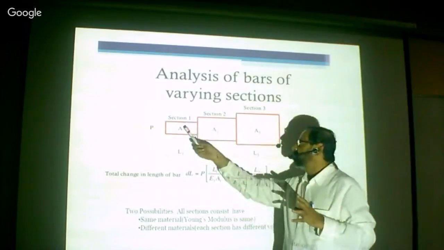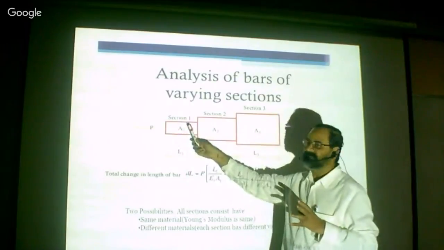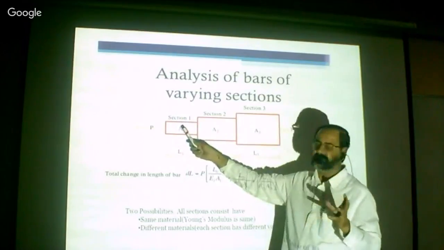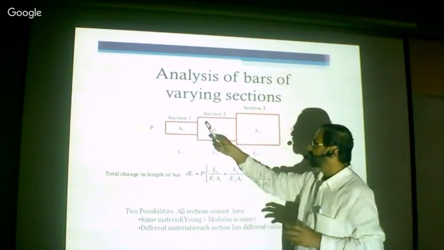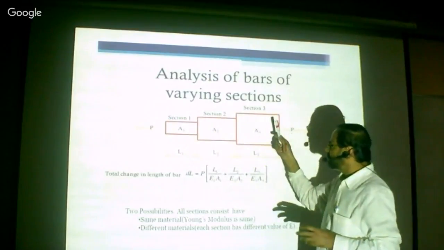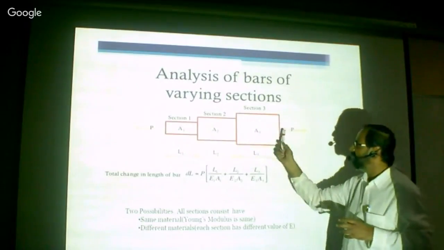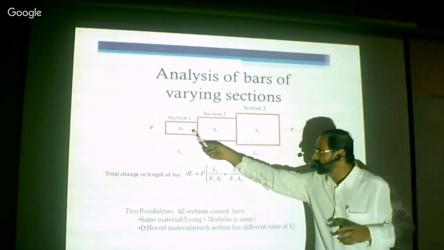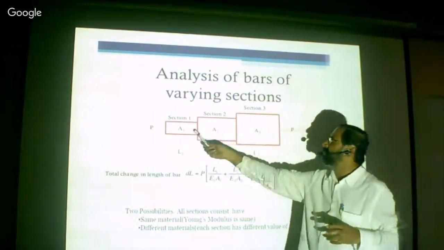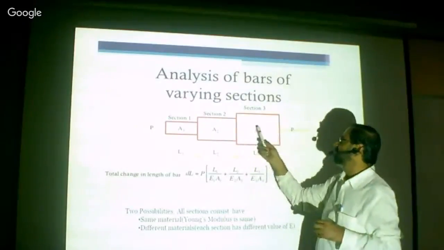Delta L1 is the change in length of section 1. Delta L2 is the change in length of section 2. Delta L3 is the change in length of section 3.